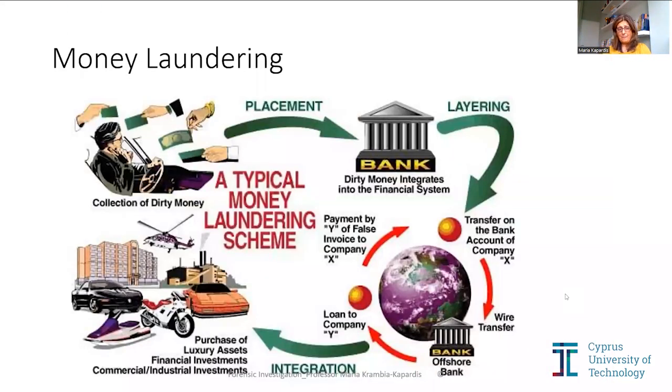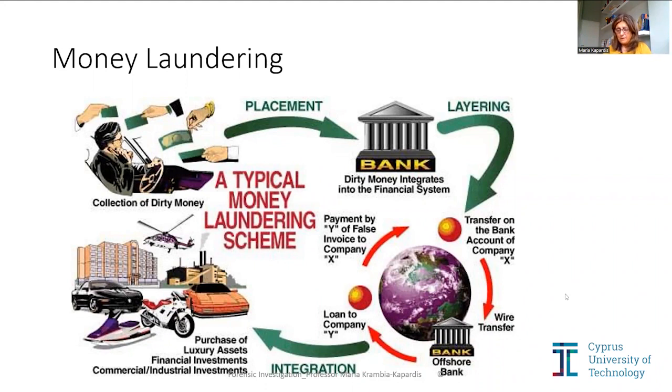Money laundering. Okay, somebody might be collecting dirty money, from either drug trafficking or trafficking of guns, and places that money in a bank or a banking institution to clean it, to launder it. And then that money is transferred to different bank accounts all over the world.